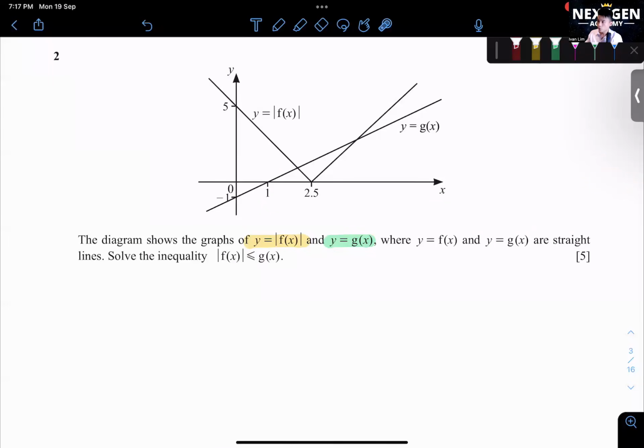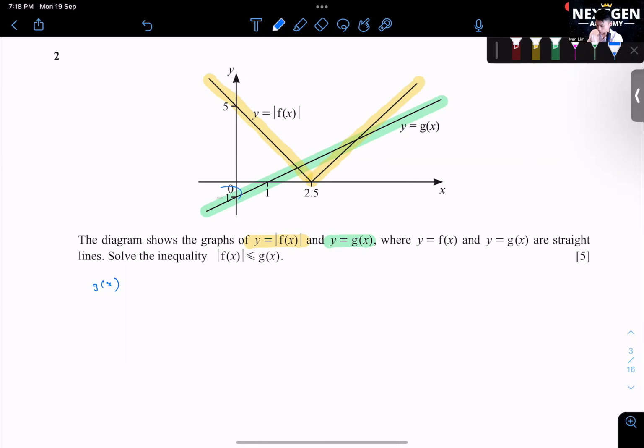So what is g(x)? We see here g(x) is this line, and f(x) is this line. What are the values that we can find?